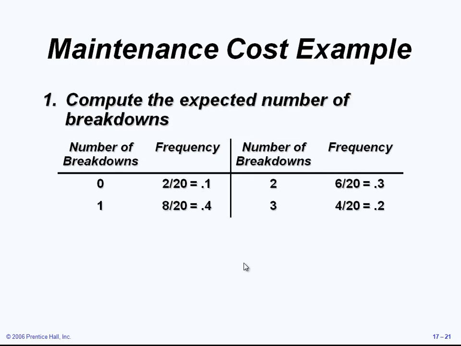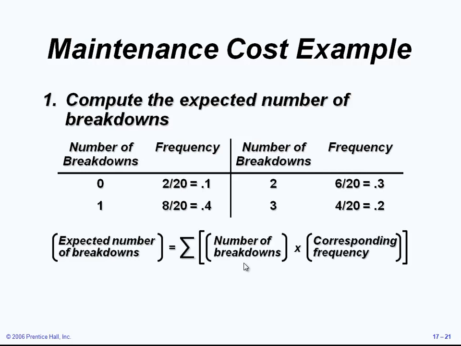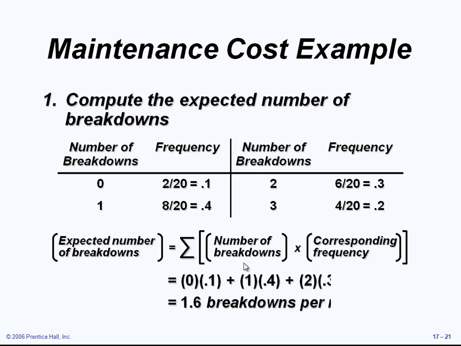First, we compute the expected number of breakdowns by finding the frequency, then multiplying that by the number of breakdowns, then finding the sum, which will equal 1.6 breakdowns per month in this case.